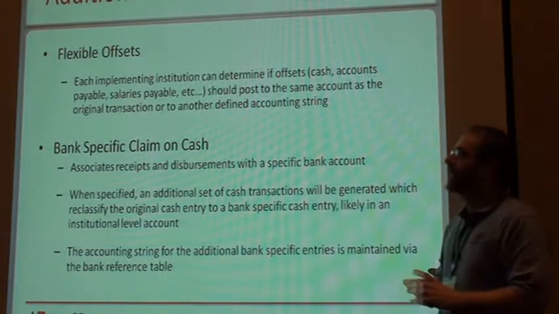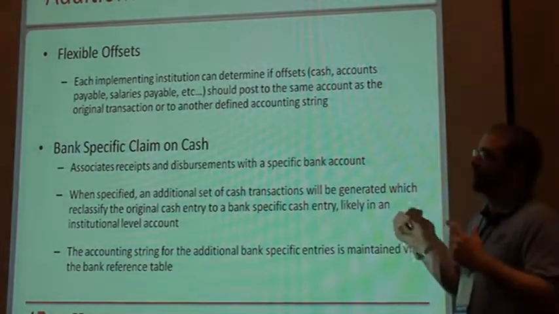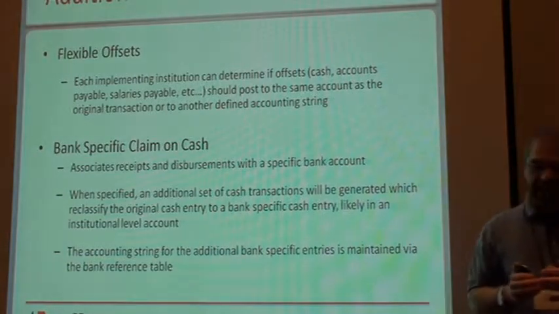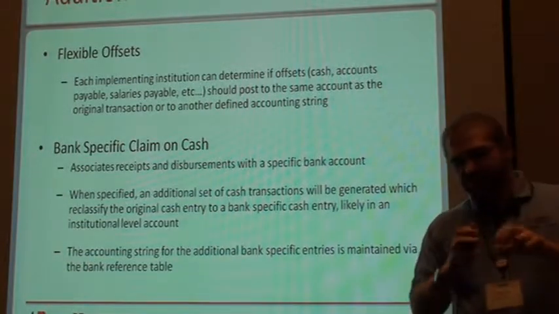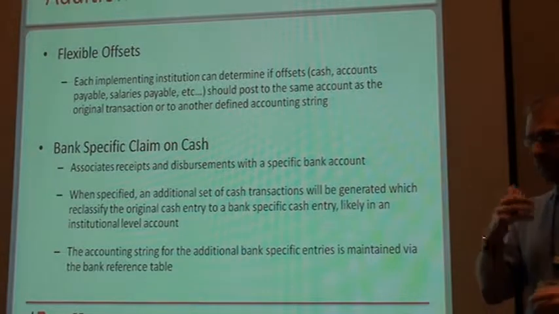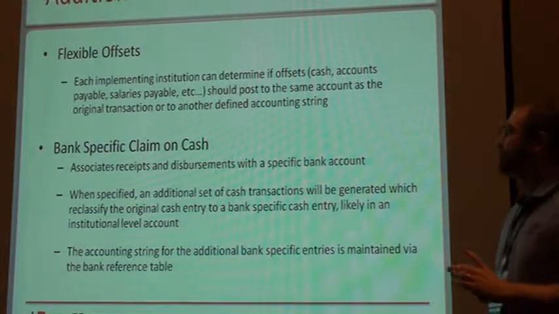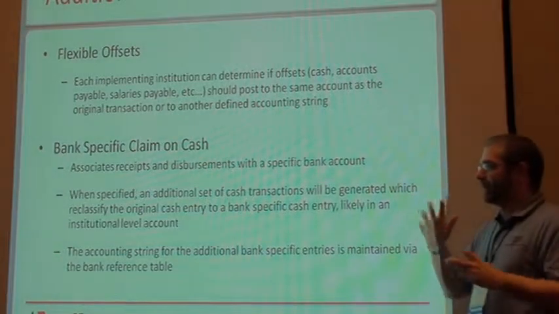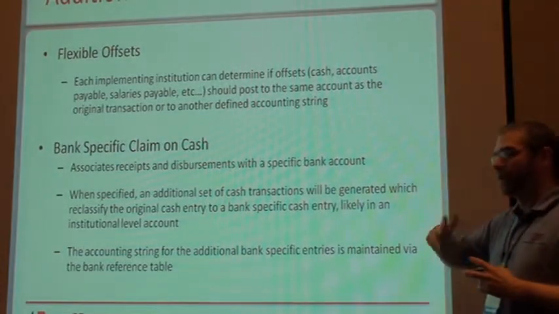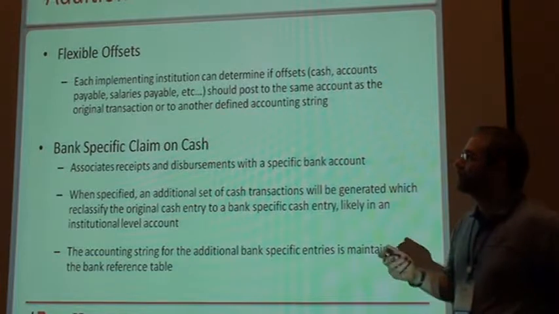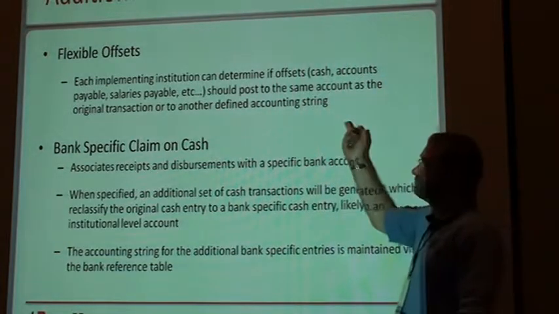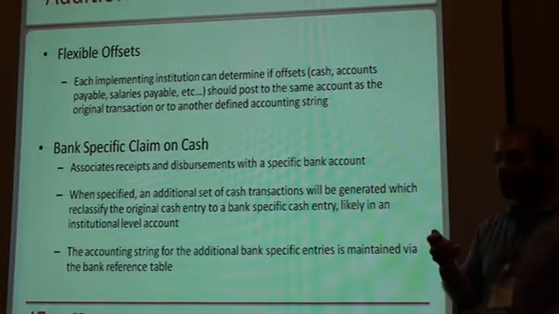So you can choose to turn this on or off. It's a parameter. If you turn it on, then you can define in a table how you want the offsets done for a particular account. If they should keep posting to that same account, you don't have to do anything. If you want them to post somewhere else, you just specify what account you want those offsets to post to instead. So you just define a different accounting stream for them to post to.